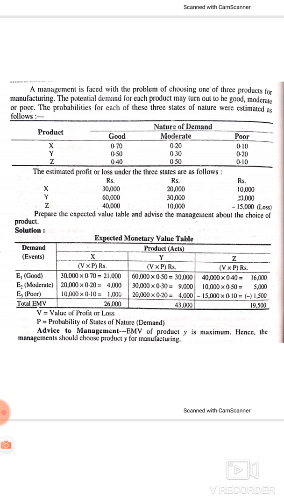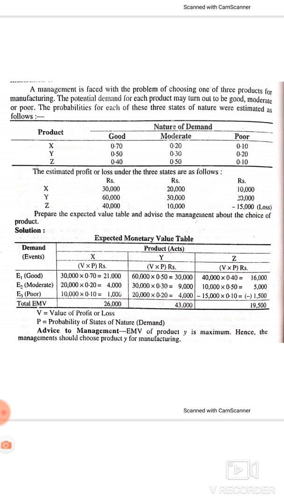So first we will write the nature of demand, that is good, moderate or poor, that is E1, E2 and E3, and the acts for products X, Y and Z. So what we will do, we will multiply the estimated profit or loss with the associated probabilities.